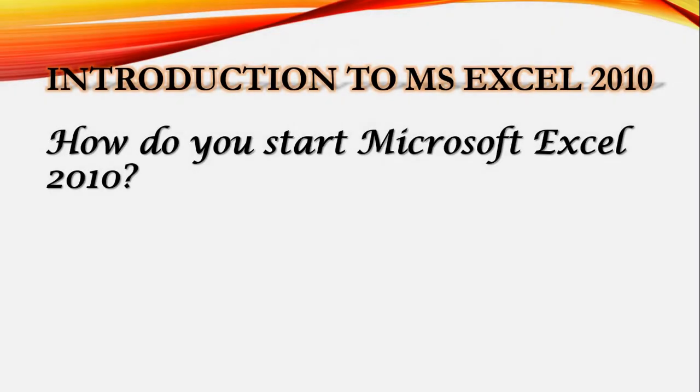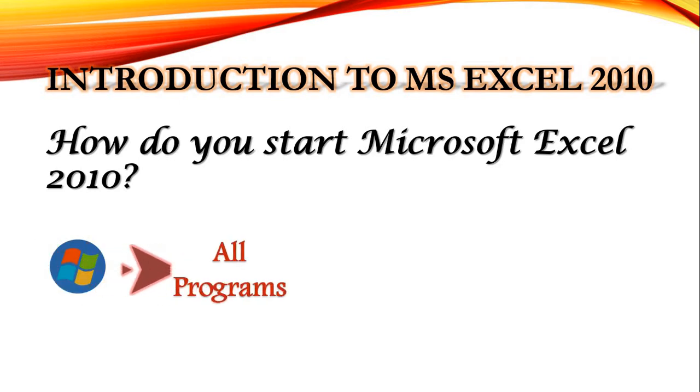Next, how do you start Microsoft Excel 2010? If you want to use Microsoft Excel, you need to start it first, right? So, how do you start Microsoft Excel? Okay, come on, let's see. To start Microsoft Excel 2010, first you need to click on the Start button. After clicking the Start button, you need to click All Programs.